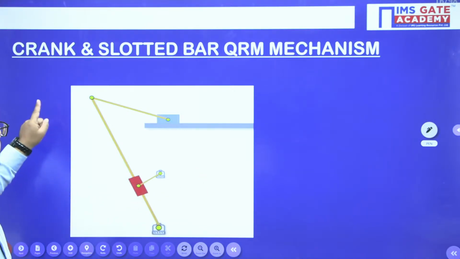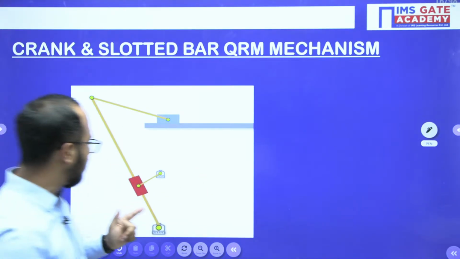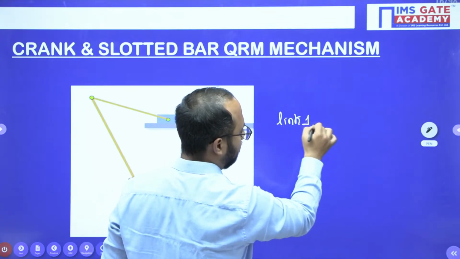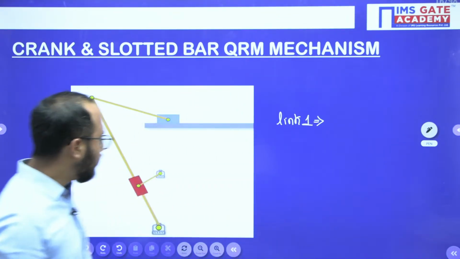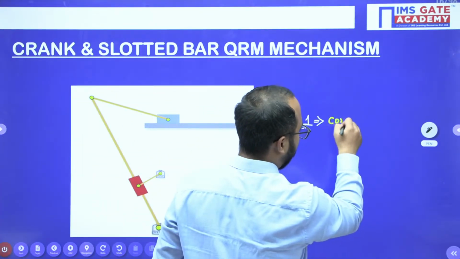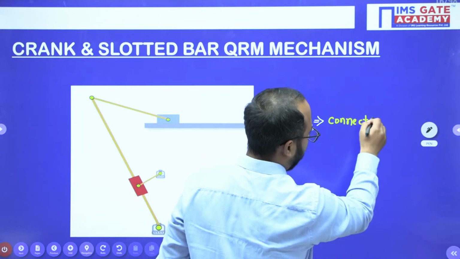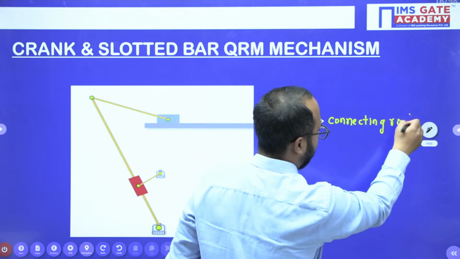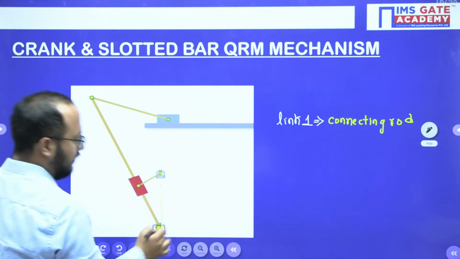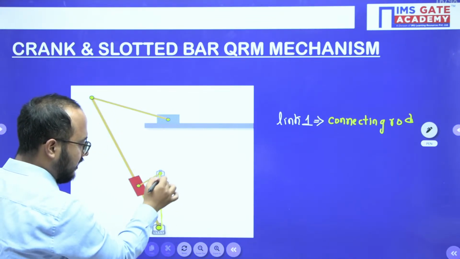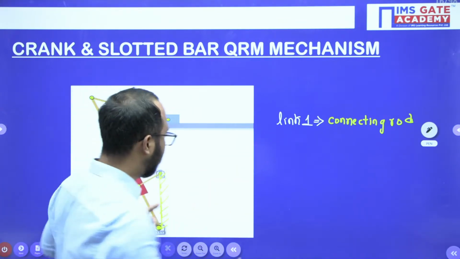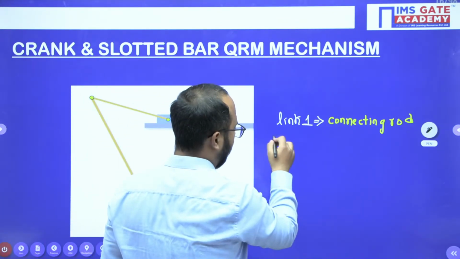Now see, crank slotted quick return motion mechanism, everyone. Here, link one, first of all, you should understand. What is link one? Link one is the connecting rod which is fixed here. In the diagram they have not shown it, but it is a fixed link.